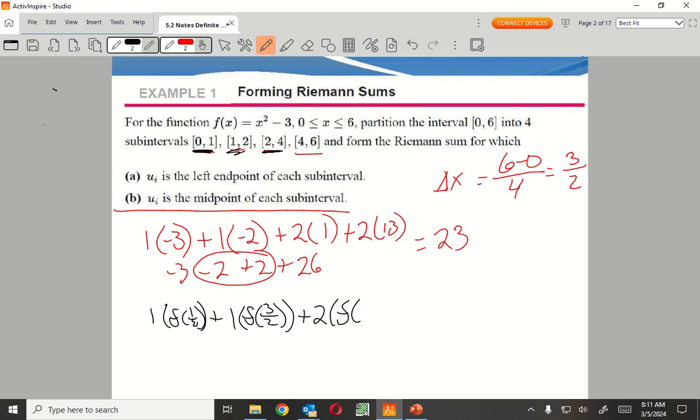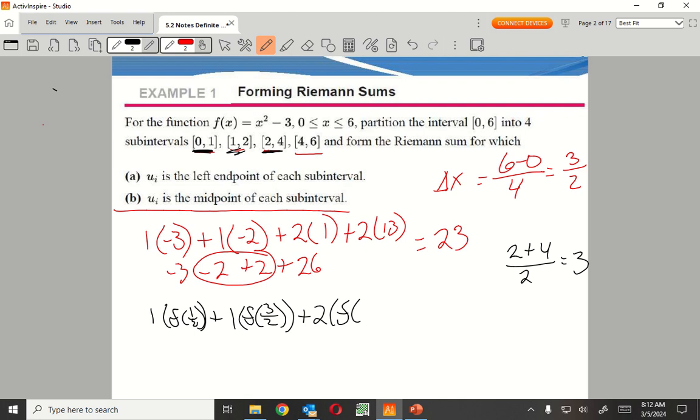Divide that by 2. No, wait. Why did I say minus? I was thinking of the other one. So it's actually 2 plus 4 divided by 2. Isn't 3 right there directly in between 2 and 4? There we go. So if you think of it like that, then you're like, oh, yes.